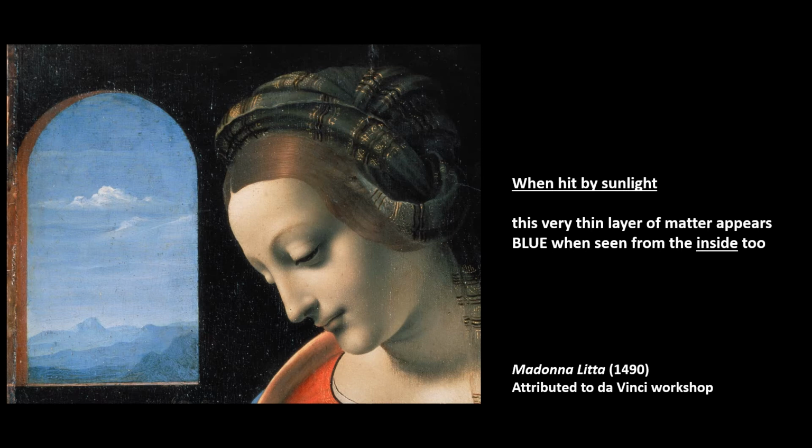Yesterday, while preparing this talk, I thought I'd check how Da Vinci thought of the atmosphere and its color, because I had the feeling there might be some very interesting things there. So I checked some parts of his notebooks that I could find online.